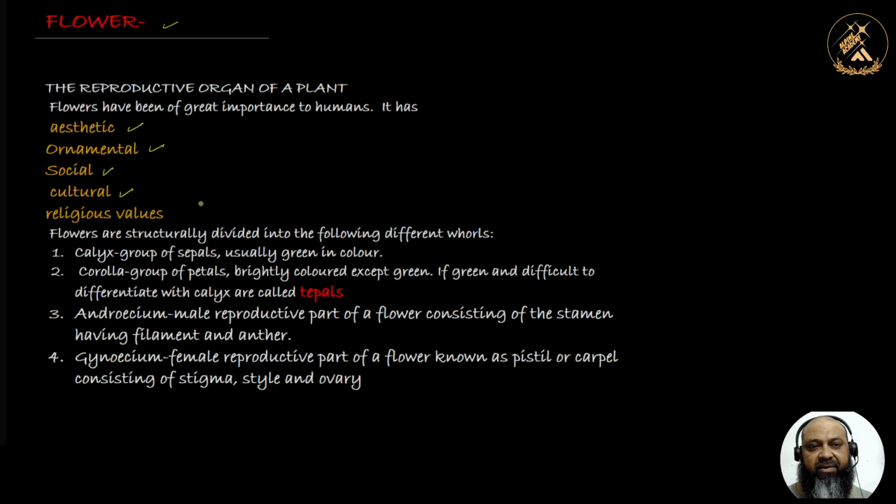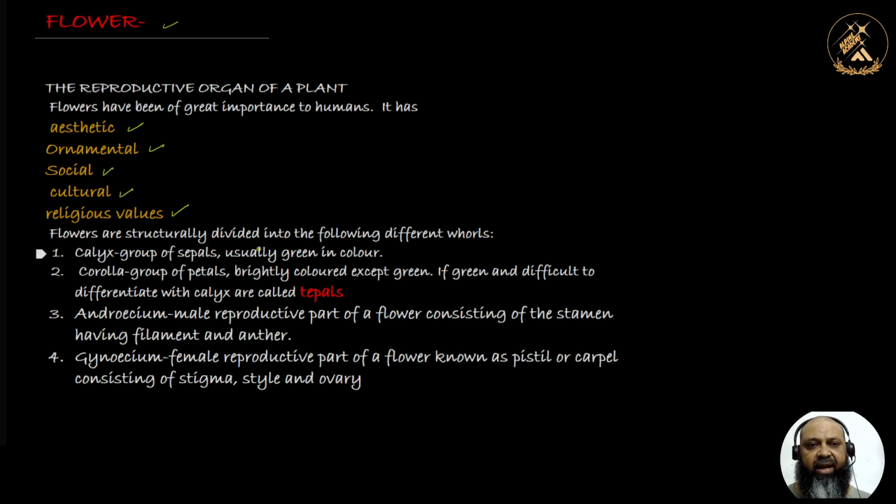Just for the sake of respect, we usually put flowers on people. Religious values are very well known, because during puja and festivals, we put flowers in front of the statues.